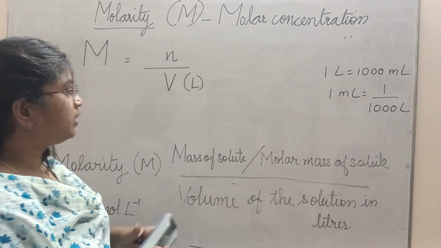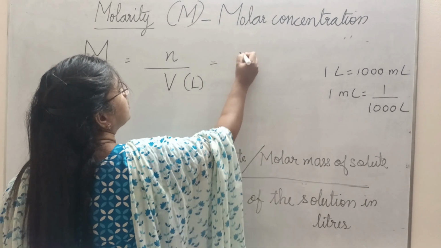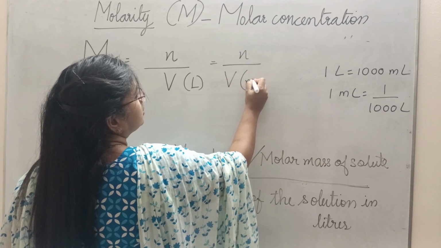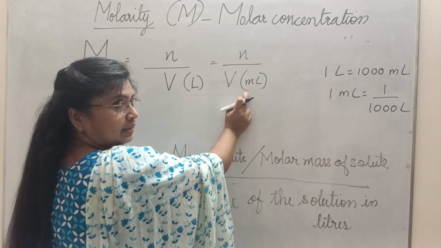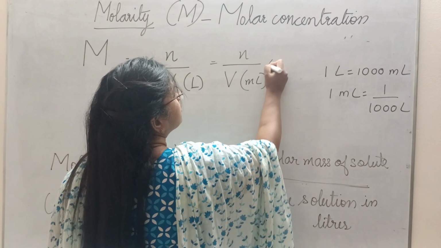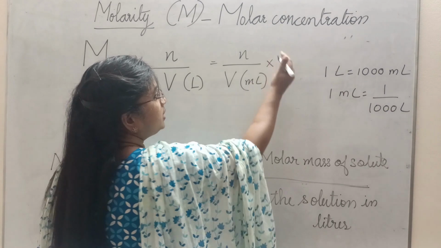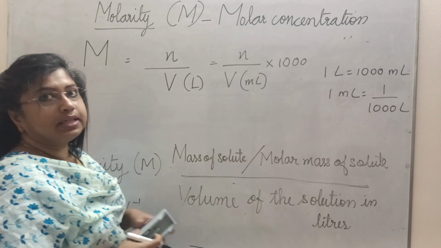So what you have to do? We are getting the volume in milliliter. In that case, divide this volume by 1000 to express it in liters. When you divide this volume by 1000, it will come in the numerator. Fine, you will get the answer in liters.